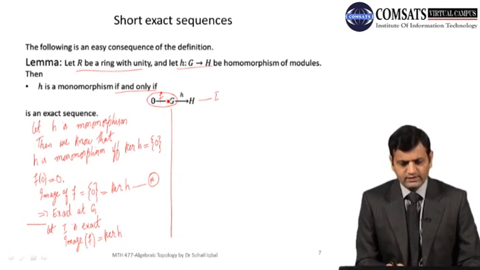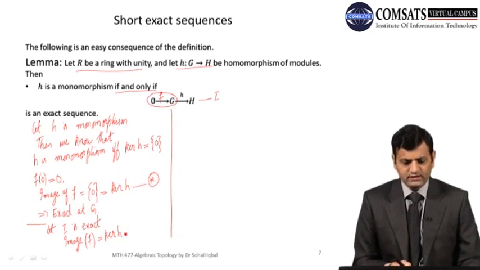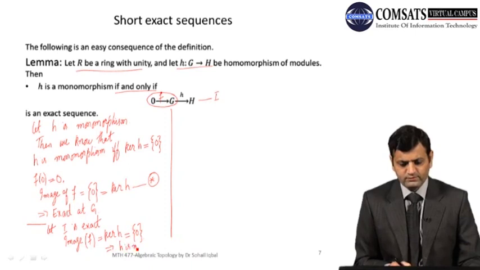We also know that this f always has 0 as its image inside G. Once again, this is the notation that we set earlier in today's lecture, so this is equal to 0. So the kernel of h is 0, which means h is a monomorphism.